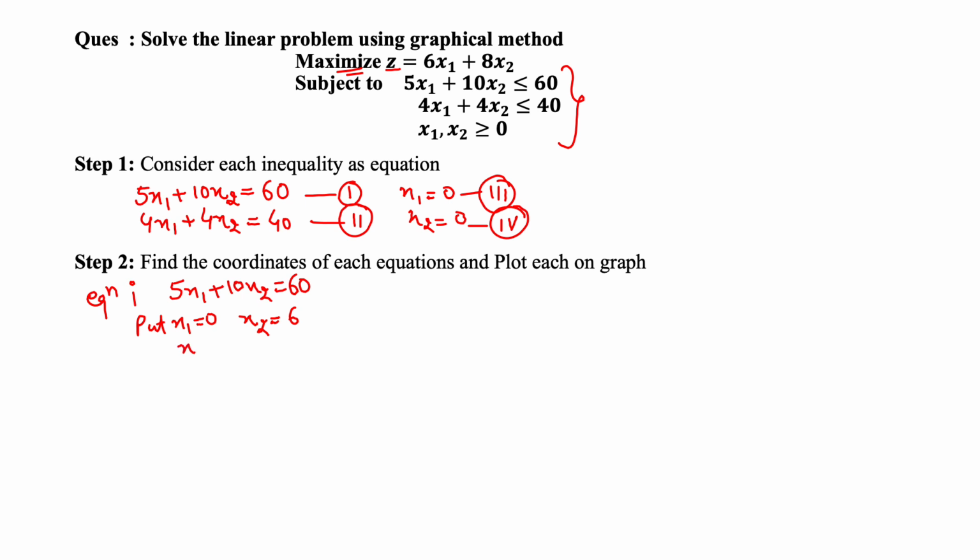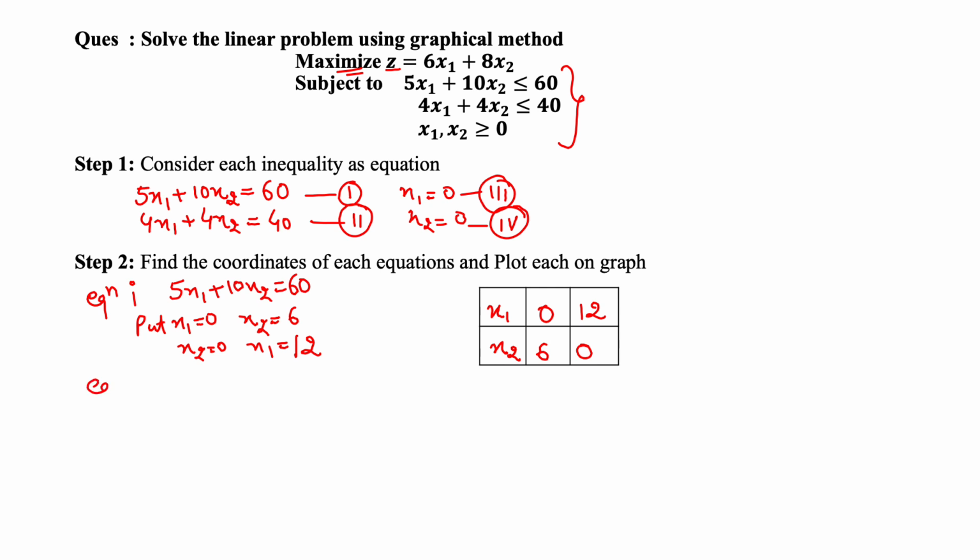Similarly, put x2 equals 0, and you get x1 equals 12. So the coordinates of this equation are: when x1 is 0, x2 is 6, and when x2 is 0, x1 is 12. These are my coordinates on the x and y axes.